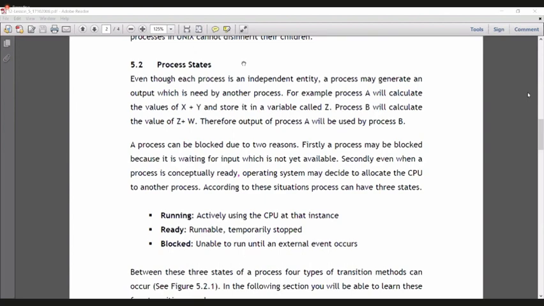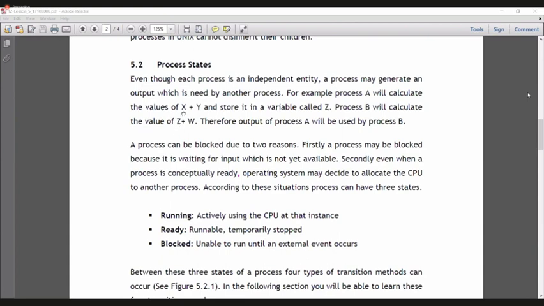For example, consider this. Process A will calculate the value of x plus y. After calculating it, store it in a variable called z. Similarly, process B will calculate the value of z and w. Now what will happen?